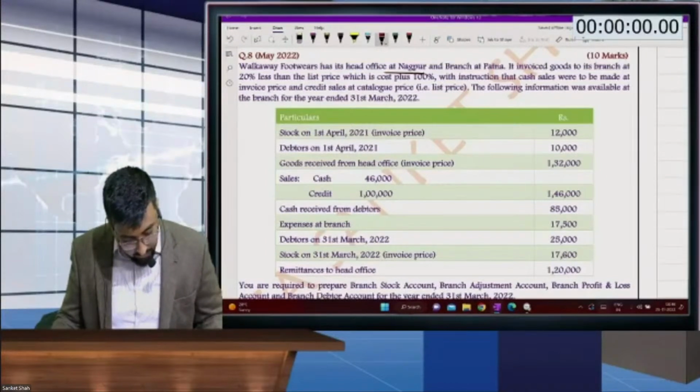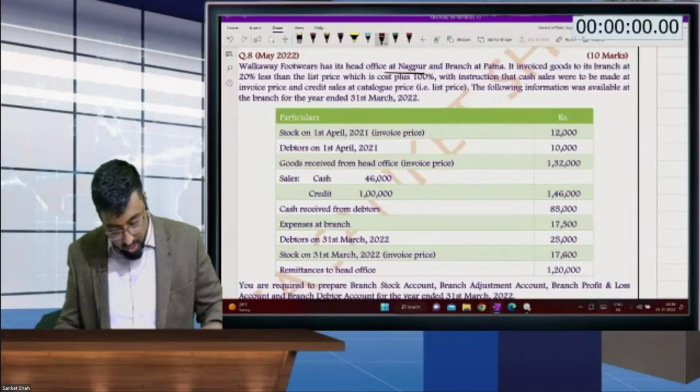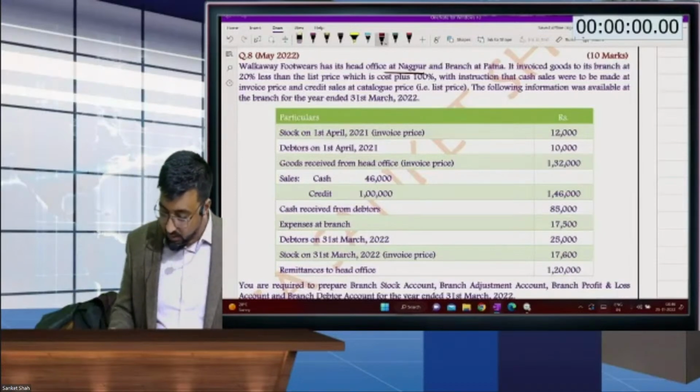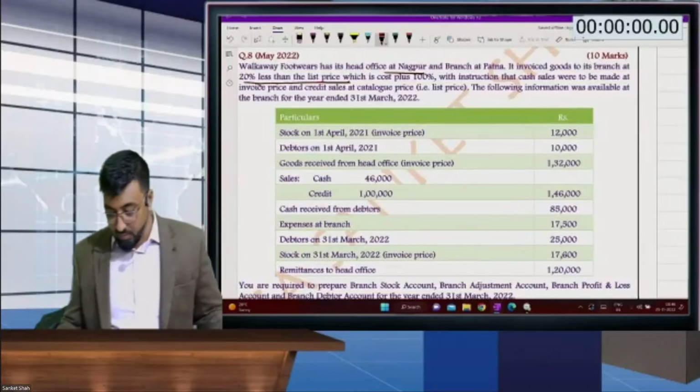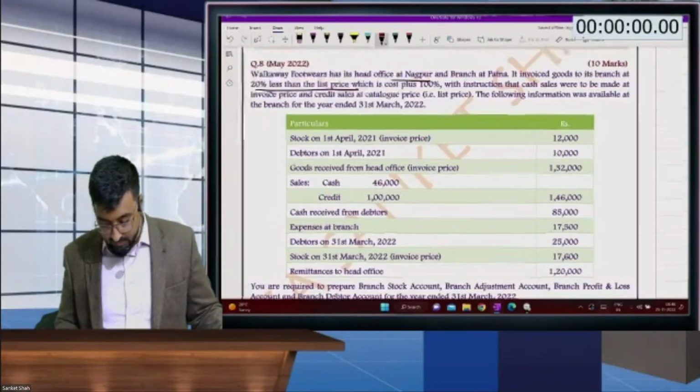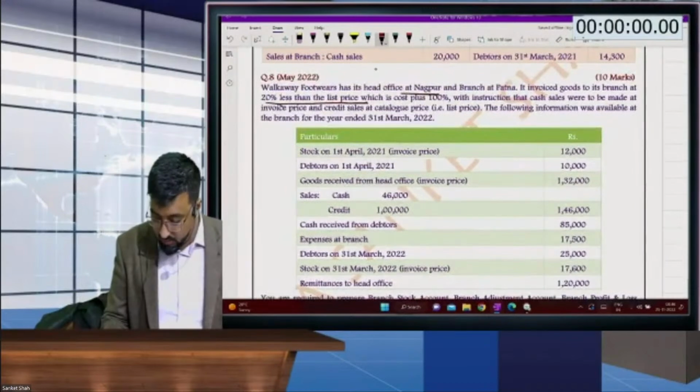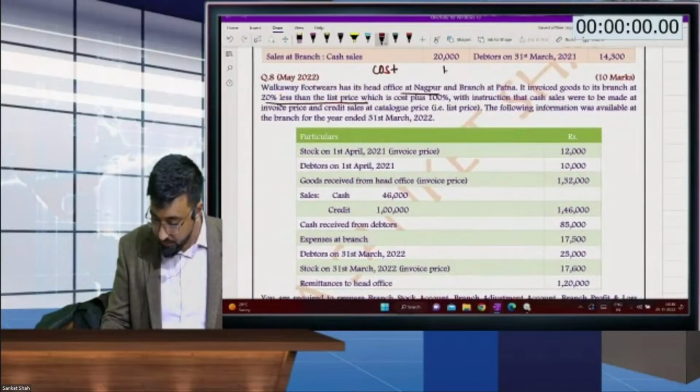It invoices goods to the branch at 20% less than the list price, which is cost plus 100%. Cost, invoice price, profit, and sales. Now see the equation.